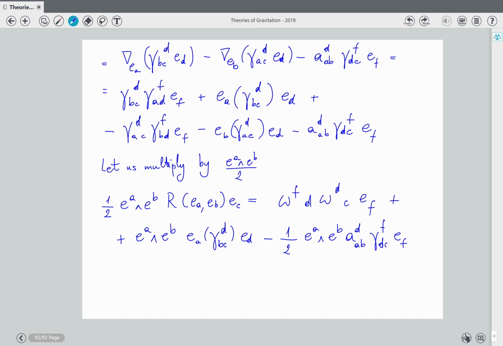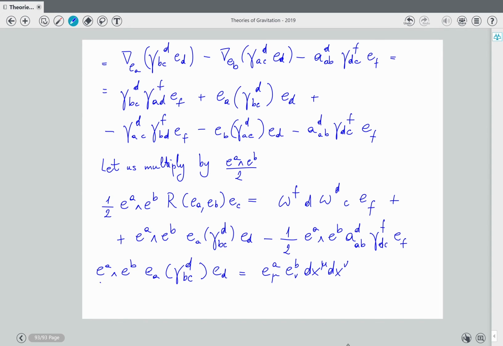So let's start with the first one. EA wedge EB, vector EA on gamma DBC vector ED. What is that? Well, first the forms EA mu, EB nu, dx mu, dx nu.